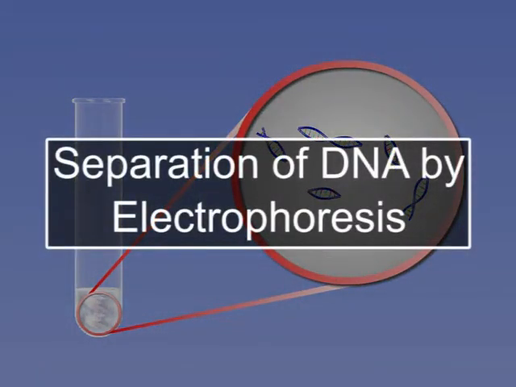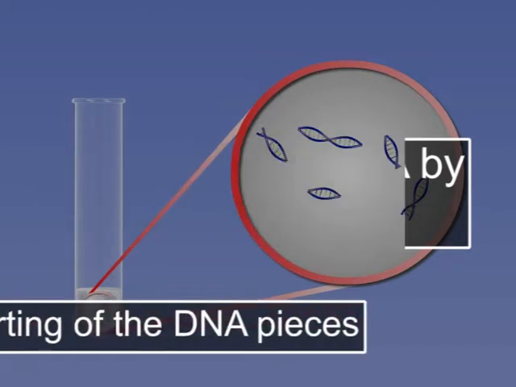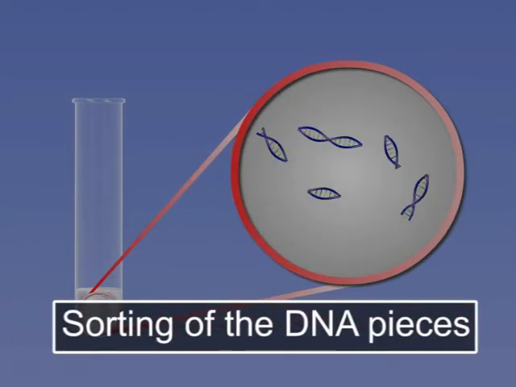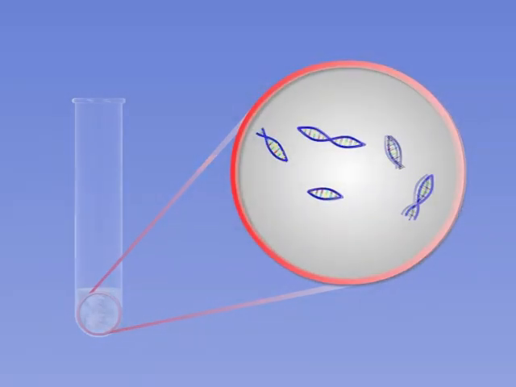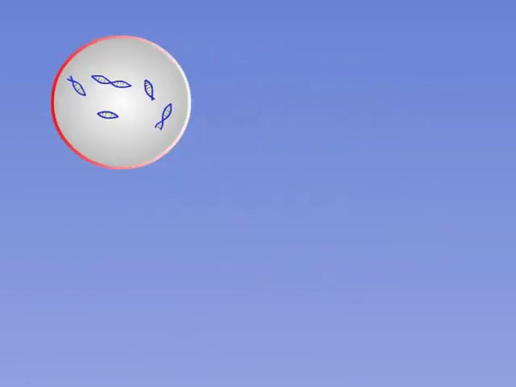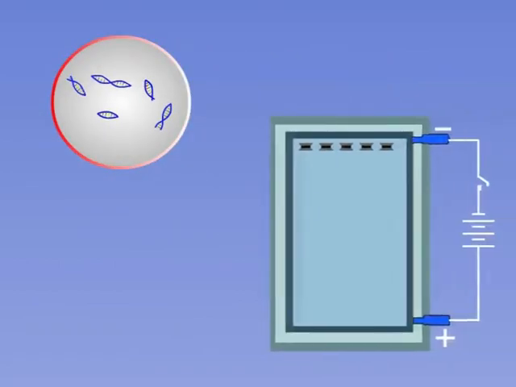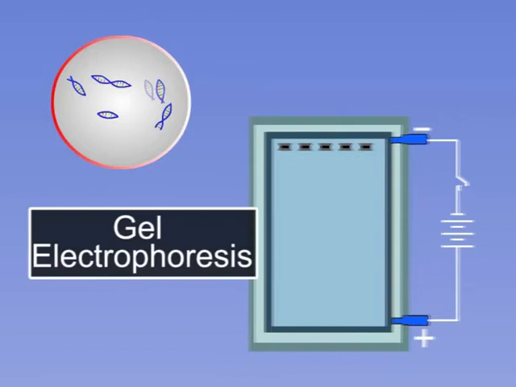Separation of DNA by electrophoresis. Next, sorting of the DNA pieces by size is done. The process by which the size separation, size fractionation, is done is called gel electrophoresis.